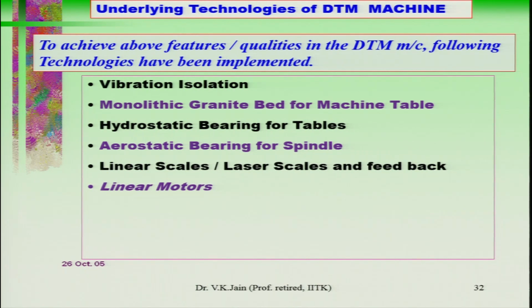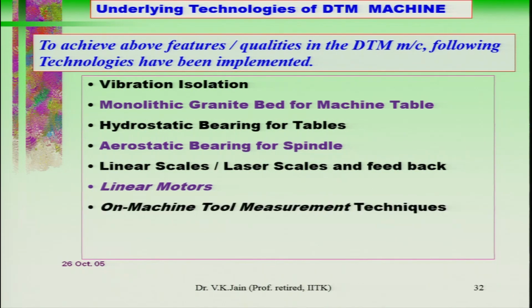Then you have the linear motors, you have the online or on machine tool measurement techniques. This is again very important, as I just mentioned to you, so that you can know what is happening during machining.